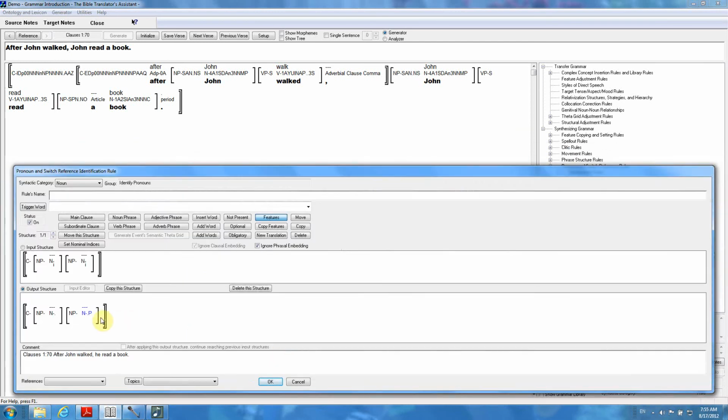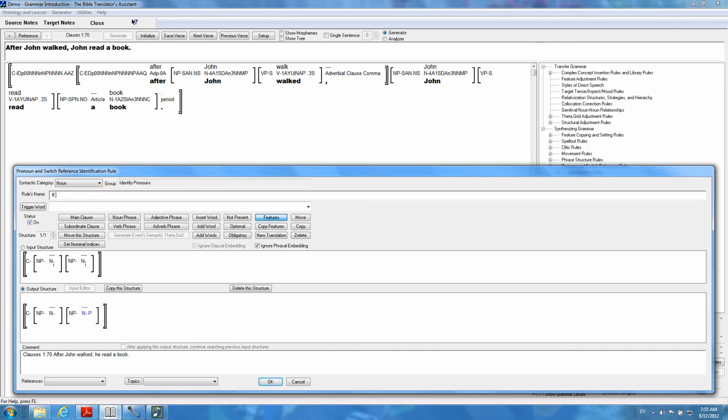Now this is a very simple example. Eventually, these rules become a bit more elaborate. For example, if these are both third-person nouns, and there's an intervening third-person nominal of the same gender, then here we can do this. But in this particular segment, we'll keep things simple and set the surface realization value to unambiguous pronoun.